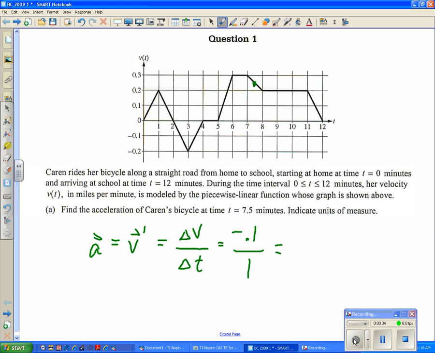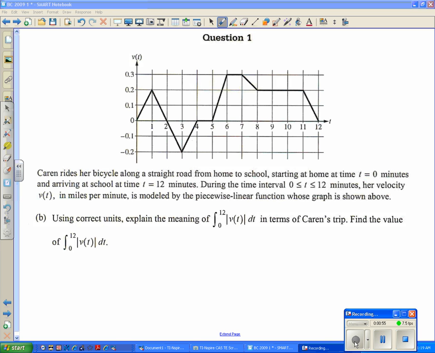So that acceleration is negative 0.1, and our units here for this particular problem would be in miles per minute squared.